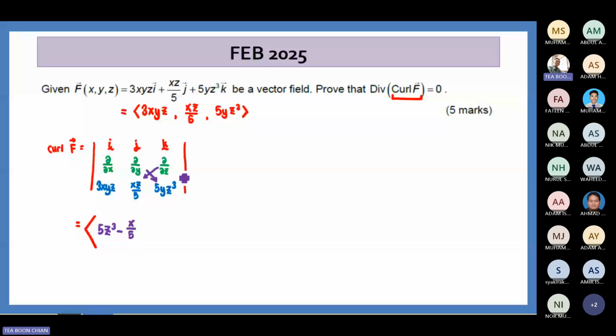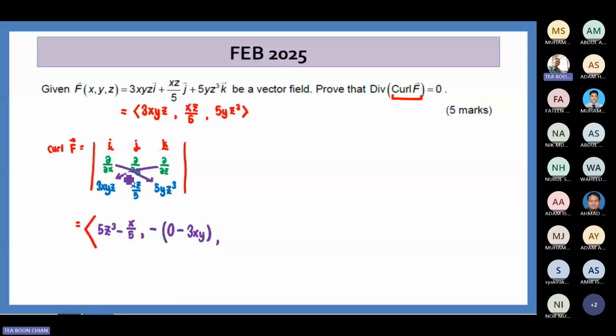That is the first component. Second, negative in the bracket, differentiate 5yz to the power 3 with respect to x, 0, minus differentiate 3xyz with respect to z, I have 3xy.